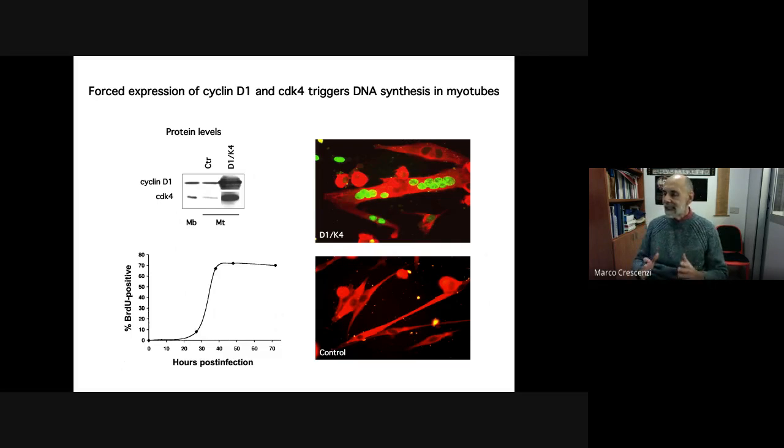Because if the cells behave in the same way at every single moment, you can analyze the whole culture and regard the culture as mirroring the behavior of each individual cell.